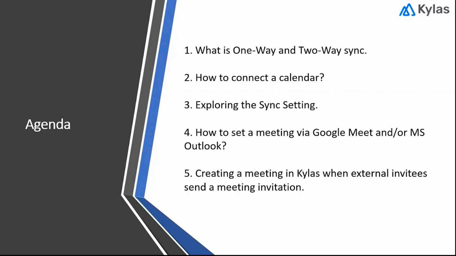And last but not the least, we would be looking at how a meeting will get created when you receive an invite from an external invitee. When I say external invitee, that means with that respective email address, there is nothing present in the Kylas system. So there is no lead, no contact, nothing. Okay.